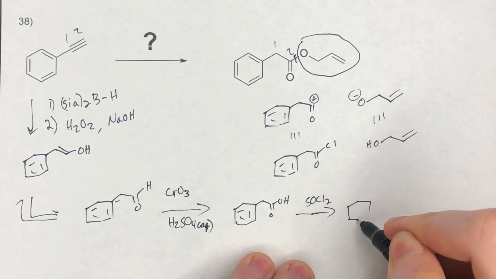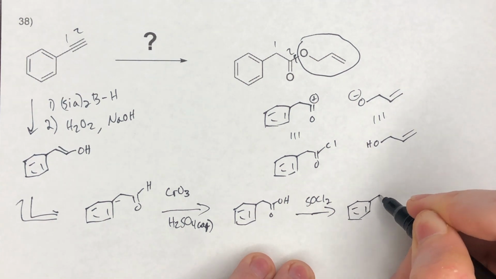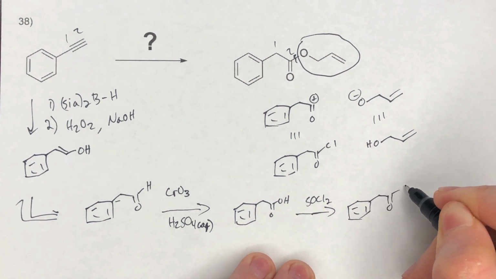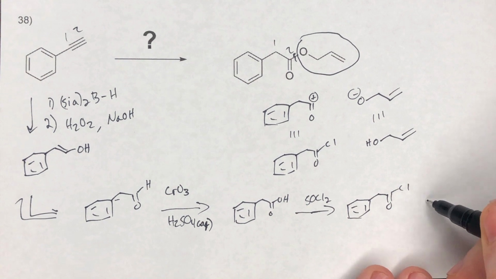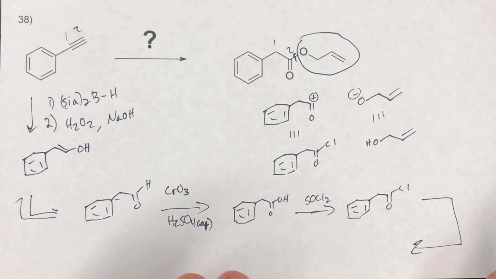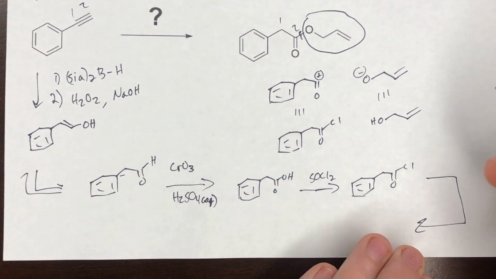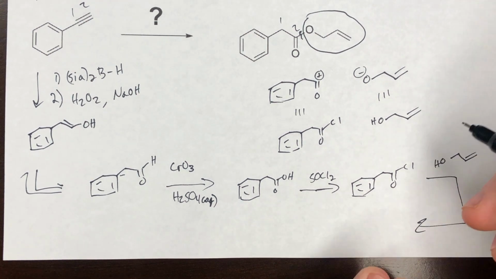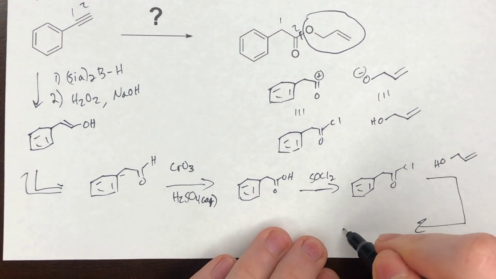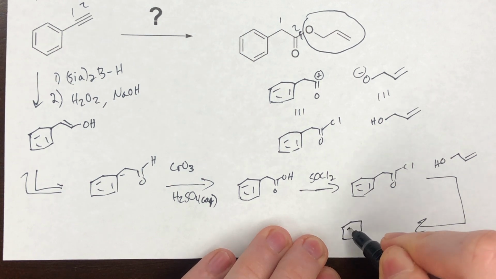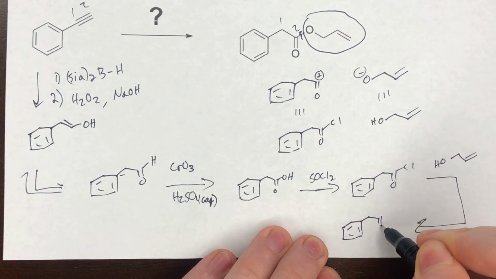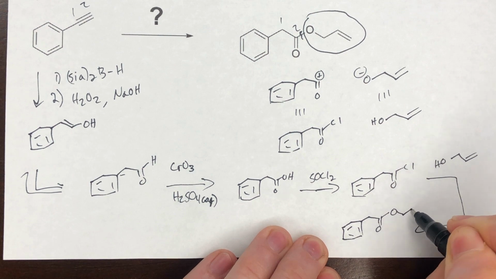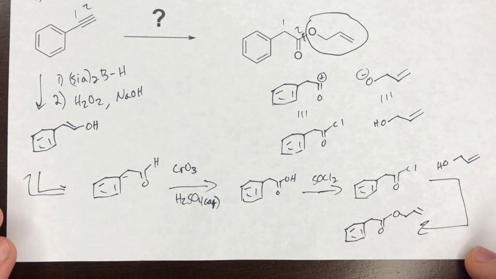So that's next. And then we need our alcohol nucleophile, and then we're finally done after that. We know that that's going to undergo an acyl substitution and finally form this ester that we wanted to make.